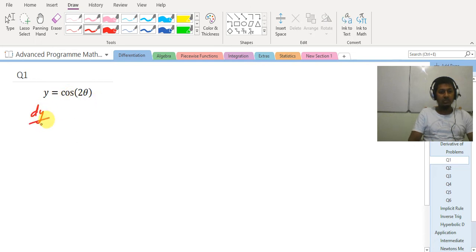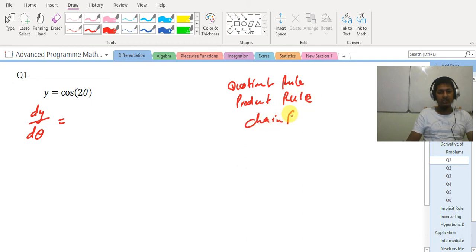So dy d theta is equal to... Guys, I just wanted to say one more thing: in order to do trigonometric functions, you need to know your basics, which is your quotient rule, your product rule, and your chain rule. These are all basic problems which I have on the previous page here.